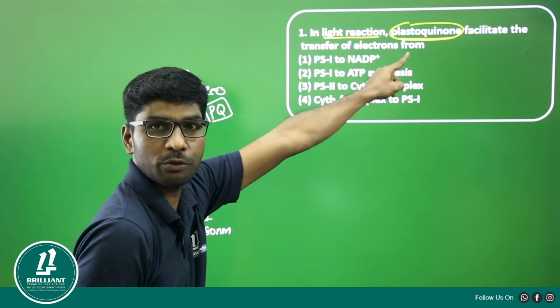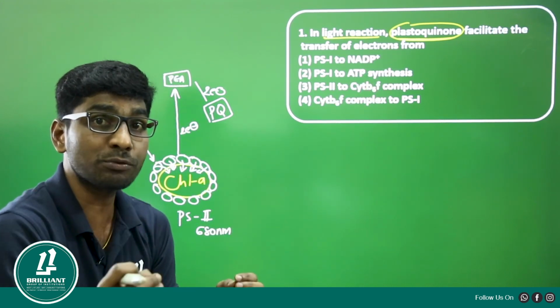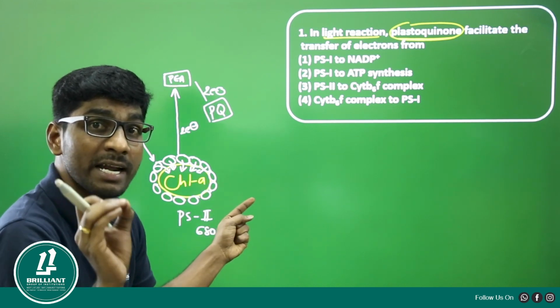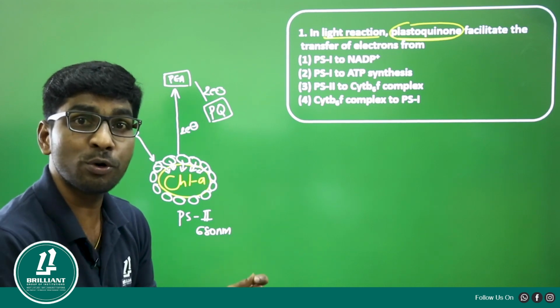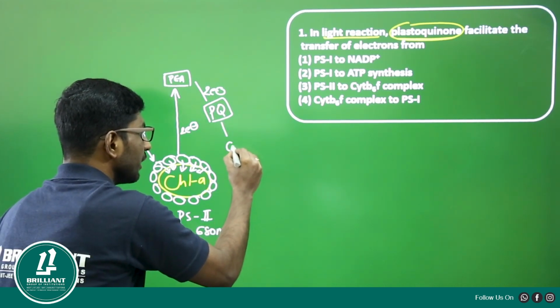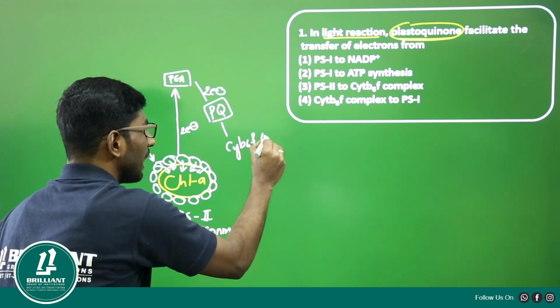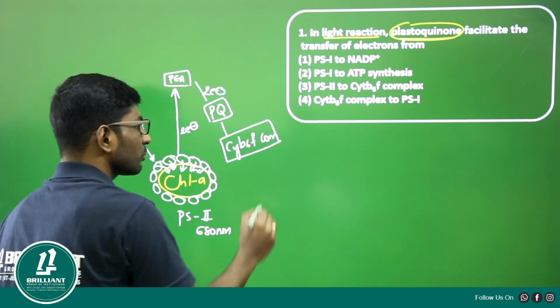Look at here the plastoquinone. So plastoquinone transfers electrons from PS2 to the next protein in the electron transport chain called what? Cytochrome B6F complex. Yes or no? From here, it enters the cytochrome B6F complex. Yes or no, students? So this is the second electron carrier.